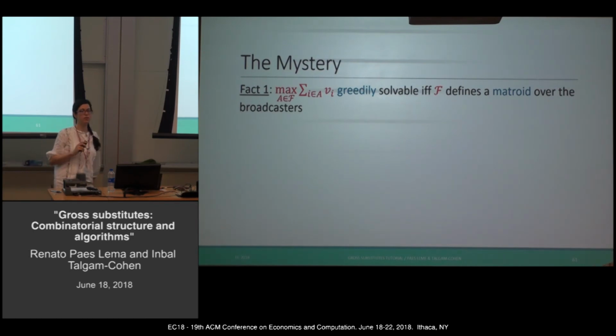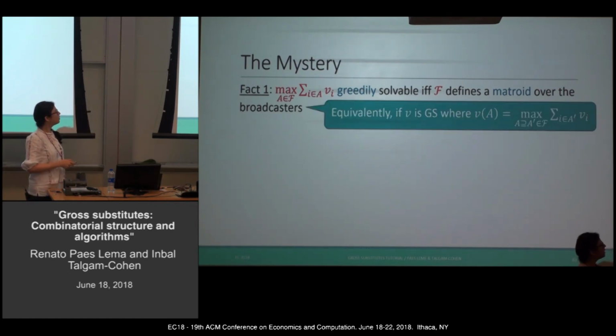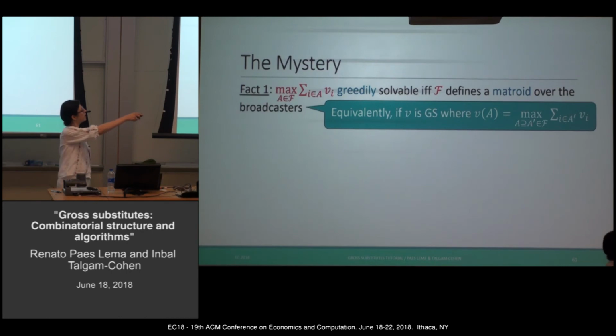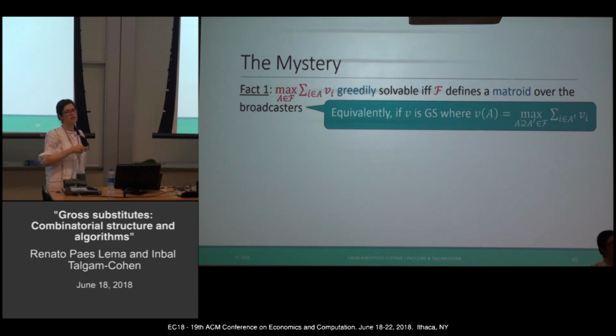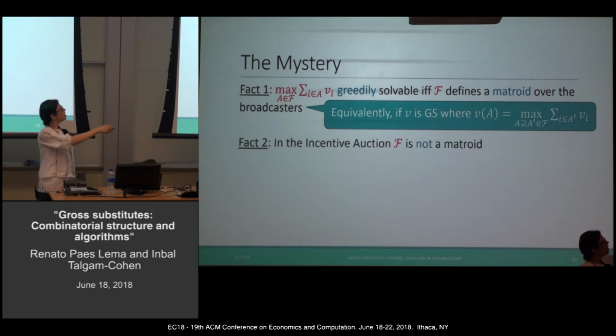We talked about this in the first part. Equivalently, you can define a valuation function that is the rank function of this feasibility set system, and this has to be gross substitutes.